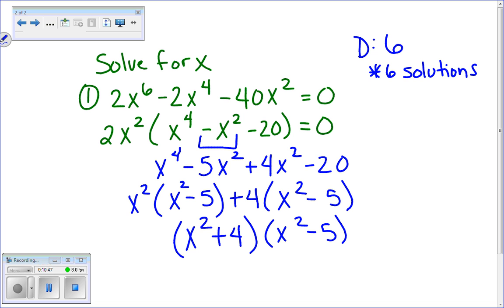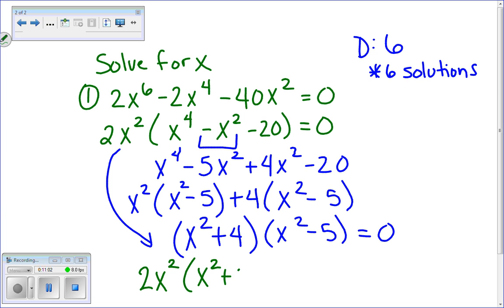And now remember that the GCF should still drop down. So my expression completely factored is 2x squared times x squared plus 4 times x squared minus 5.